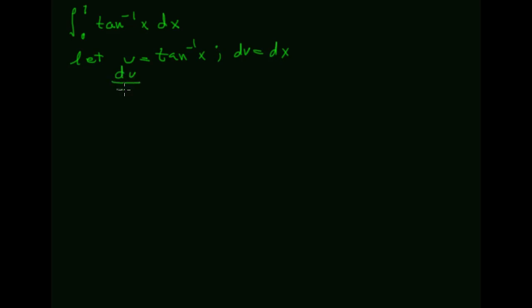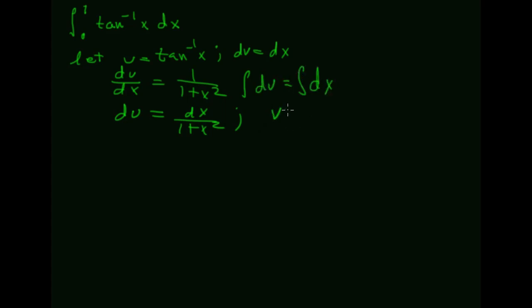So du/dx is 1 over 1 plus x squared, which means that du is equal to dx over 1 plus x squared. The antiderivative of dv is the antiderivative of dx, which means v is equal to x.